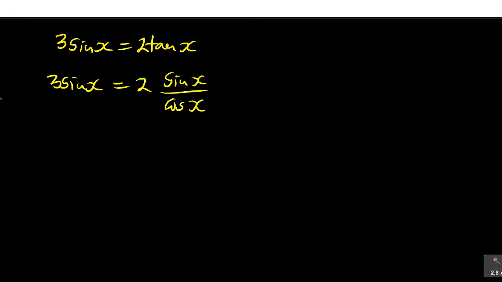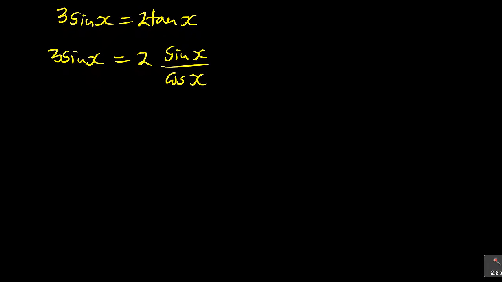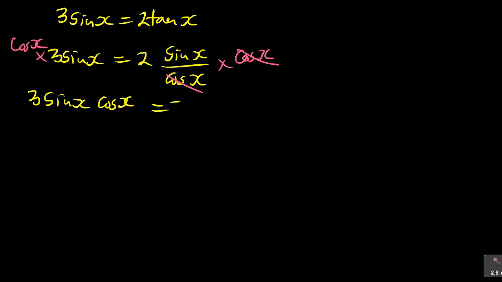See that? And then from there you are able to multiply. To remove that, you multiply by cos x, so that what you have is 3 sine x cos x is equal to 2 sine x.